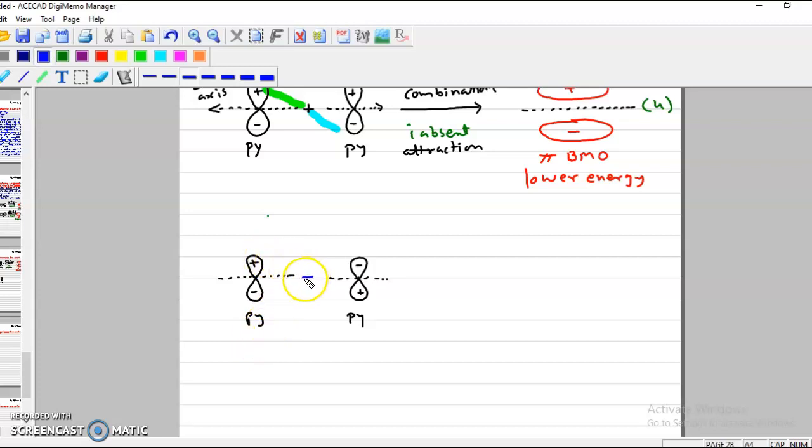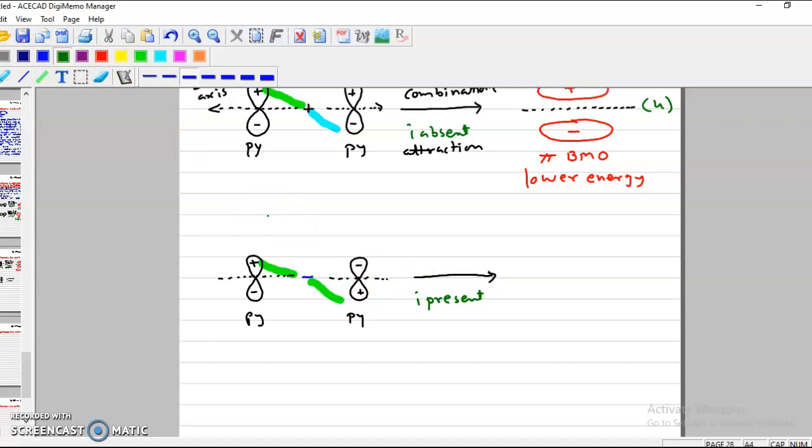Now if you go from the negative sign towards one side, and the opposite side, here you will see a positive lobe, and at the same distance a positive lobe is on the opposite side. That means center of symmetry is present, and if center of symmetry is present, we say I is present. So here I will be present, so they will form Gerade type of orbital.